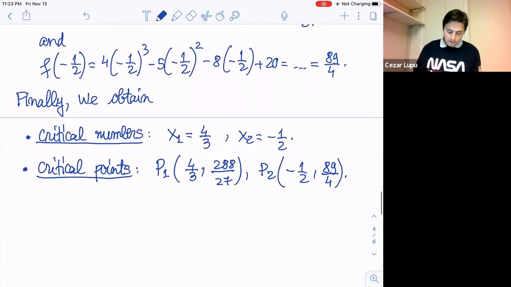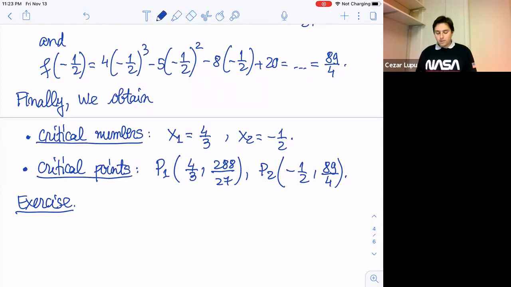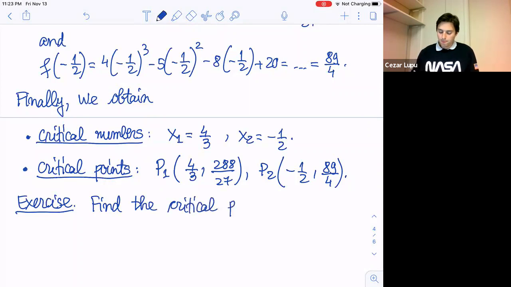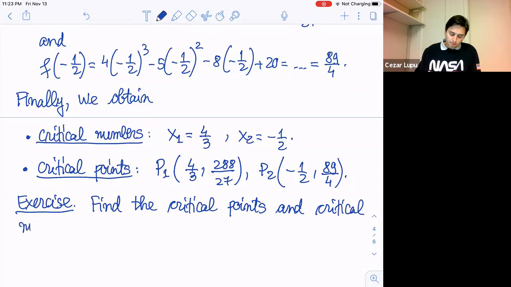Exercise: find the critical points and the critical numbers for the following function f of x. I'm going to take a rational function this time.